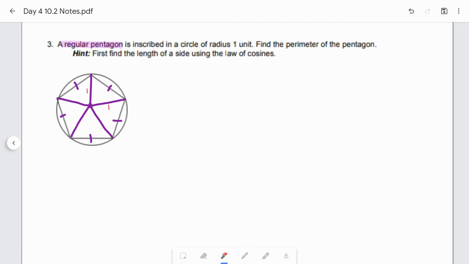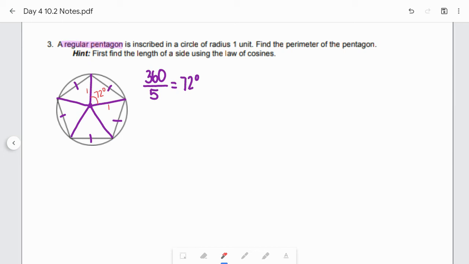I also know that I need to find the measure of that inside angle. Well, the sum of these angles is going to be 360, and if I divide that by the 5 triangles that we have, that is going to give me 72 degrees. So I know that this internal angle is going to be 72 degrees.